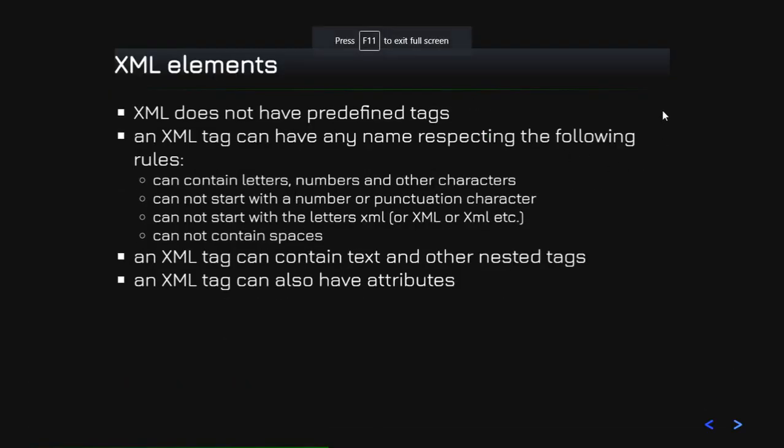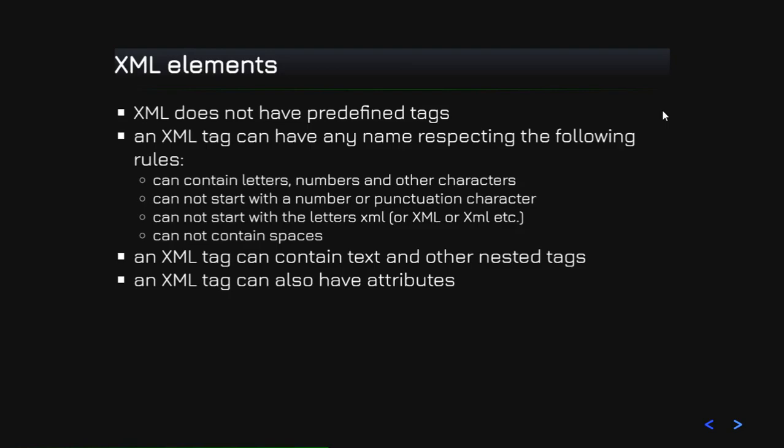Okay, so XML does not have predefined tags. The tags are defined by the user, but the tag name should comply with some rules, which are the following. The tag name can contain letters, numbers, and other characters, but it cannot start with a number or a punctuation character.